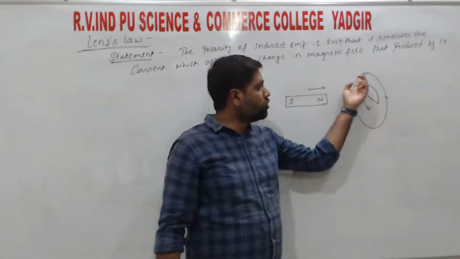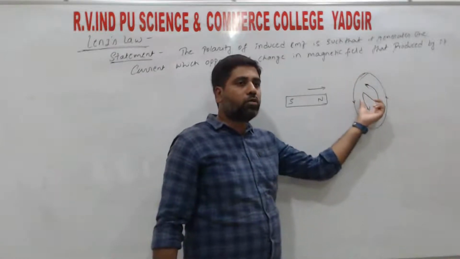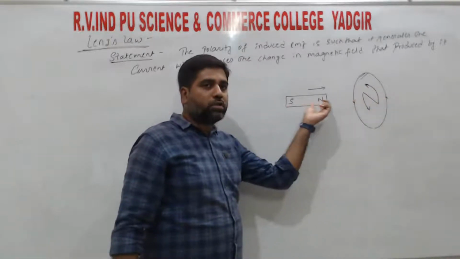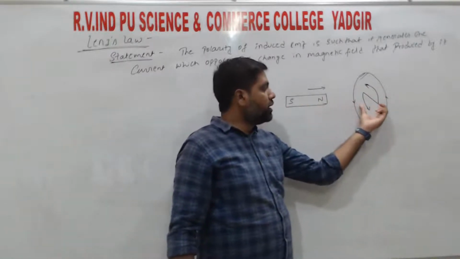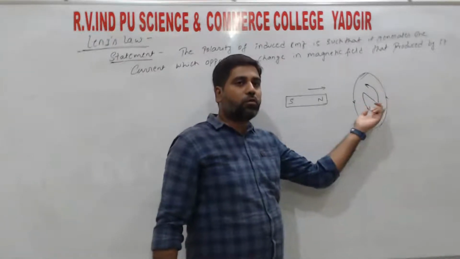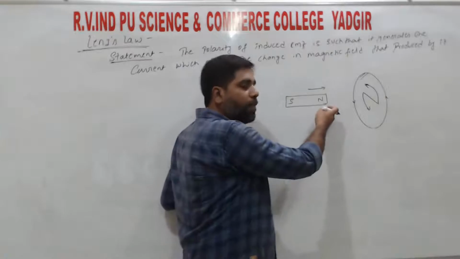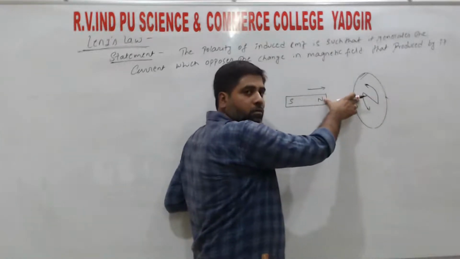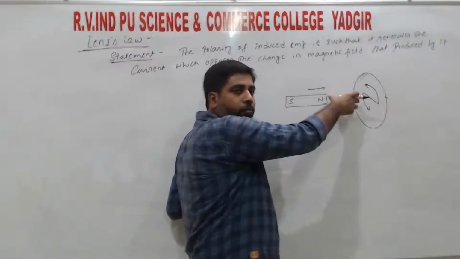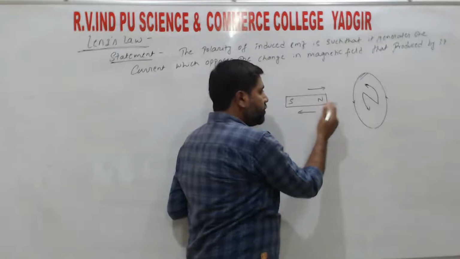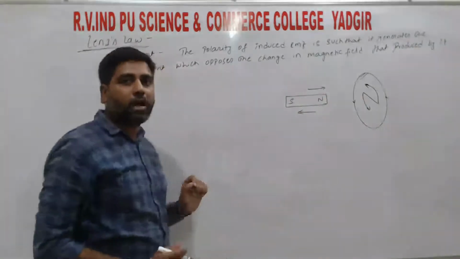If current moves in a coil, it behaves like a magnet. Here the north pole is moving towards the coil, and the coil behaves as a north pole. From the properties of magnets, like poles repel each other. Due to this the magnet will be repelled, right?